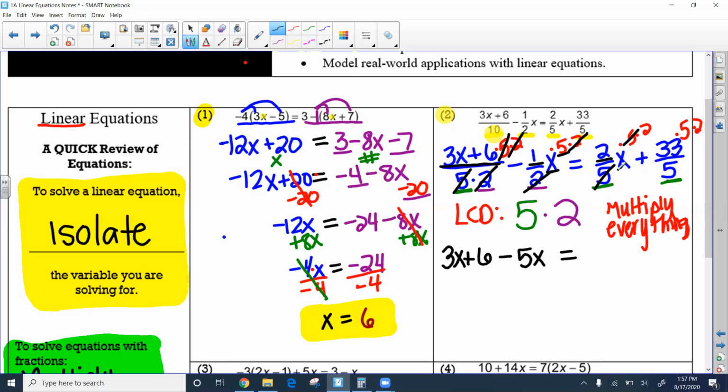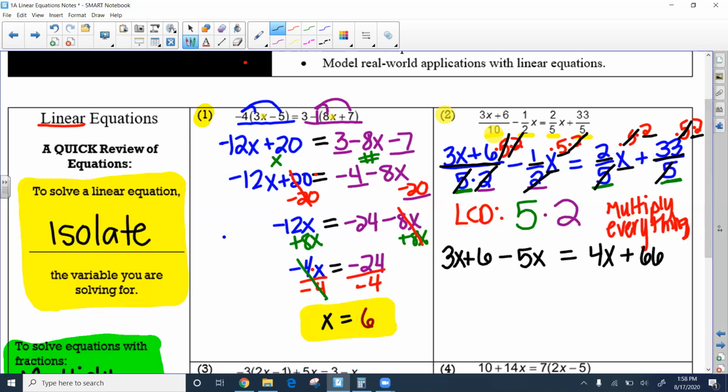Here, these are all in the numerator. 2 times x times 2. I would just write that as 4x. And then I got a plus sign. And on the last term here, the only factor that divides out is the 5. The 5 divides out, and we're left with 33 times 2, which is 66.